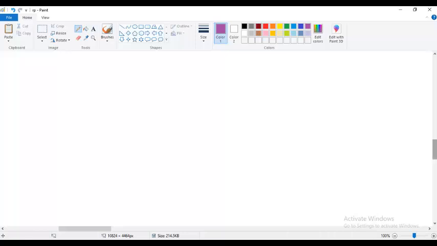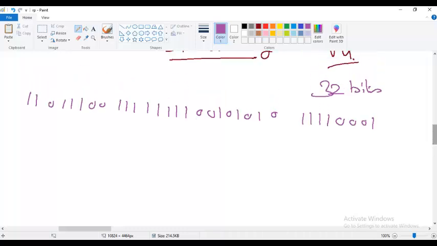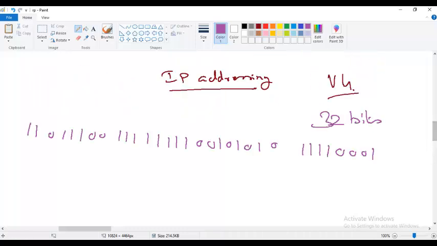So, for the human to use it comfortably, without any struggle, they decided to break this 32-bit into 4 equal parts. So they have come up with 8-bit dot another 8-bit dot another 8-bit dot another 8-bit.